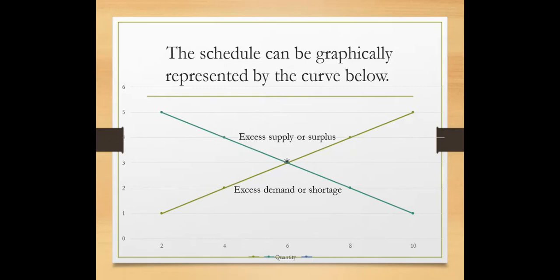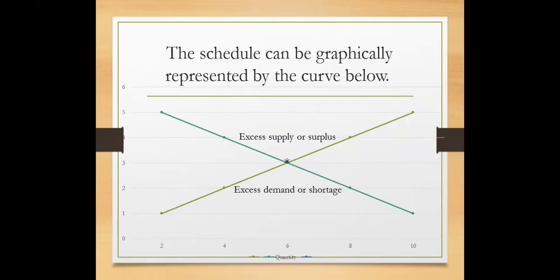So let's consider a price above the equilibrium price, and the price above the equilibrium price is 4 naira. So what happens if the price shifts from the equilibrium price, what happens if the price changes from 3 naira to 4 naira? Let's see.